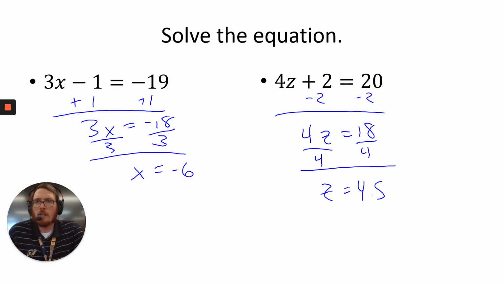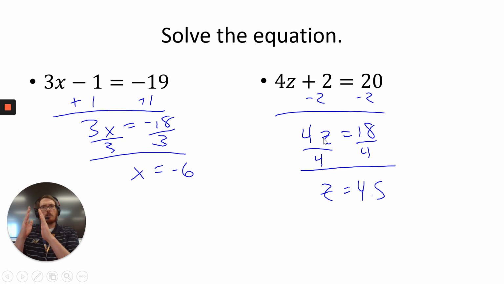Okay, finally, 2-step equations. You should kind of be on autopilot mode. Get rid of -1 by doing +1. Make sure negative 19 plus 1 is negative 18 because that's 1 negative, 1 positive. 18 is 19 minus 1 and it's negative. And then divide both sides by 3 to get x equals negative 6. Second one, get rid of +2 by doing -2 on both sides.